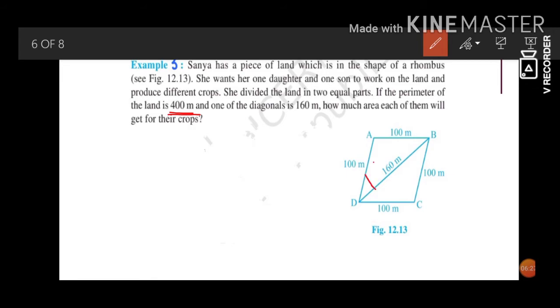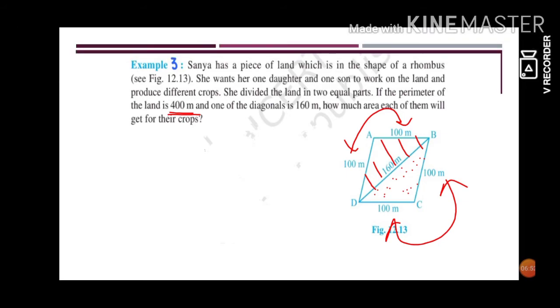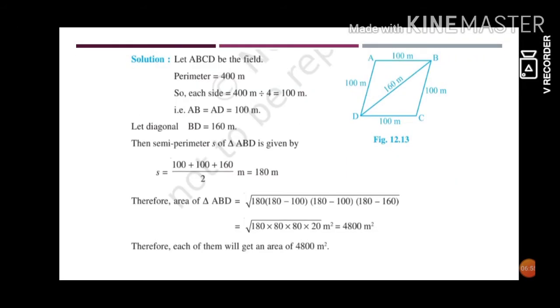One is ABD, and another is the dotted part, that is BCD. And you can see the measurements are the same for both triangles. The sides are of 100 as it is a rhombus, and one side of the triangle is 160. So if we find the area of one triangle, we can find the area of both the triangles. So let us see how to do such sums.